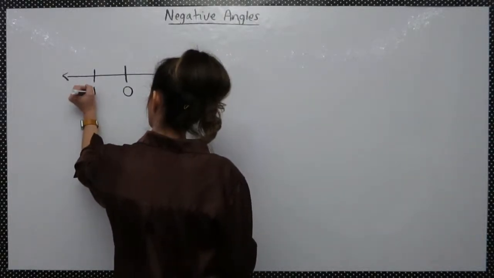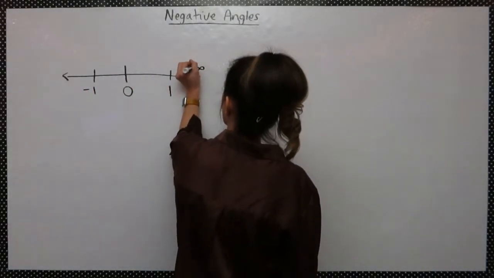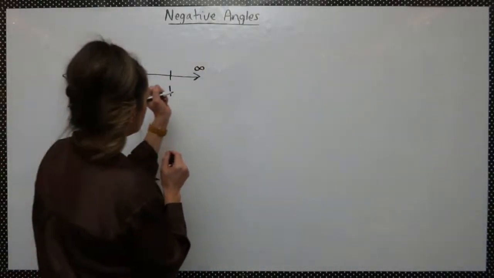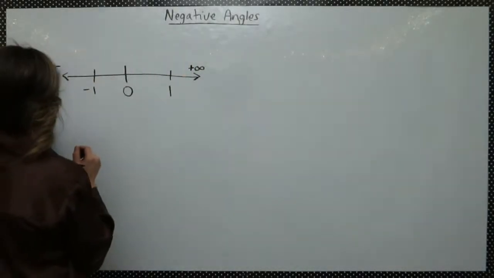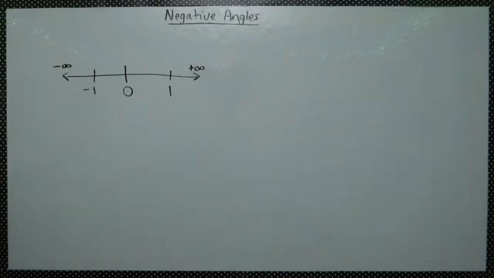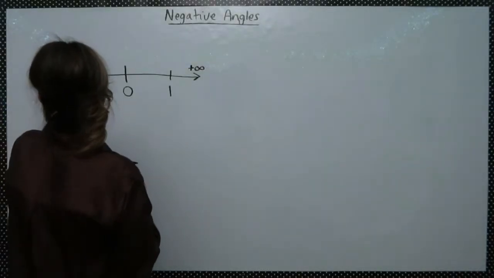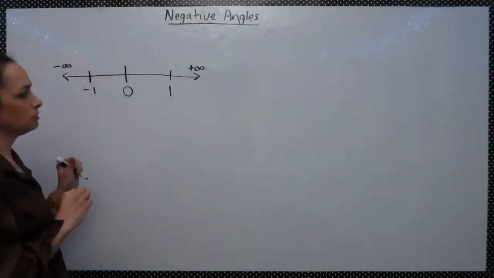You have -1 here, and +1 here. To the right is positive infinity. We'll say plus infinity. And then we'll say this direction is negative infinity. And it doesn't look even, so I'll try and make it a little bit more even here.